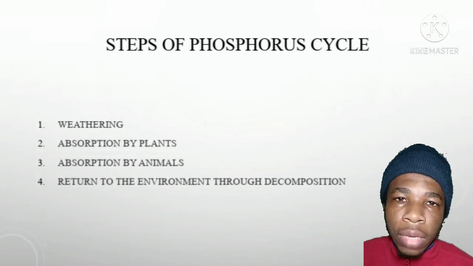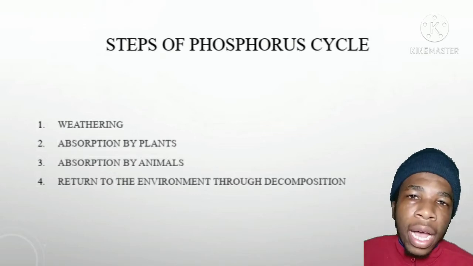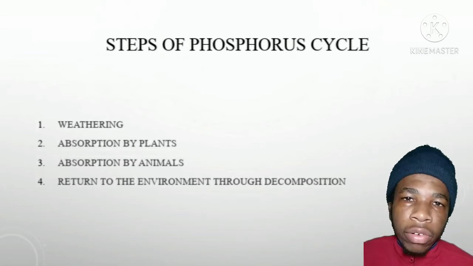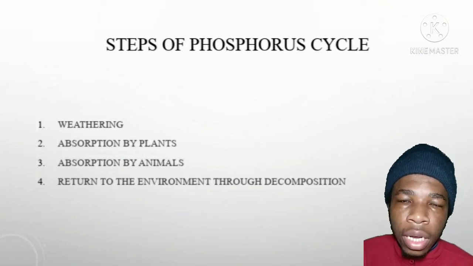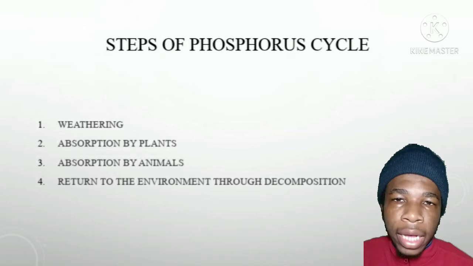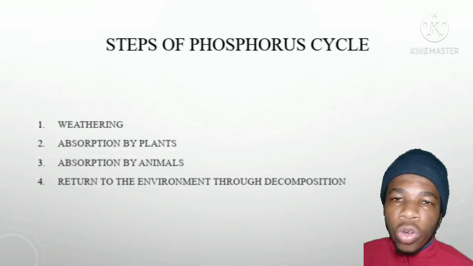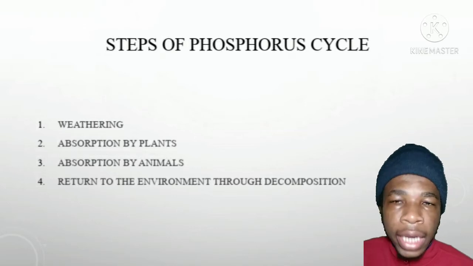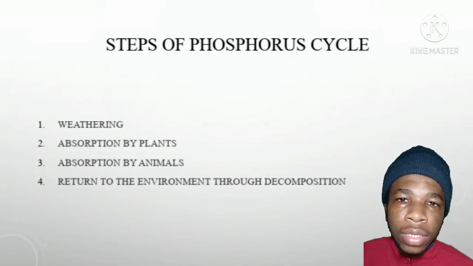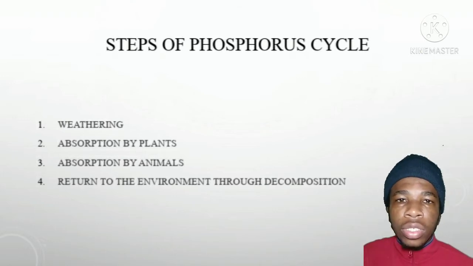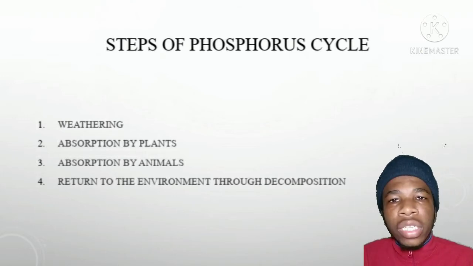The third step is absorption by animals, where grass-eating animals, also known as herbivores, eat the plants or the fruits from the trees, and it goes into them, and animal-eating animals, which are carnivores, eat them, and the minerals are transferred to them.